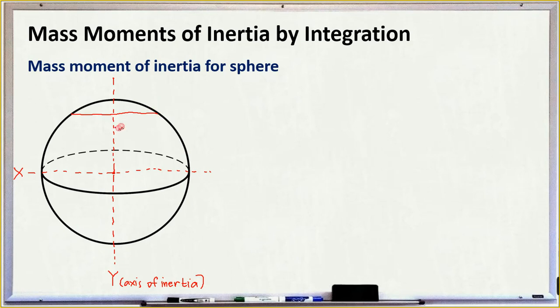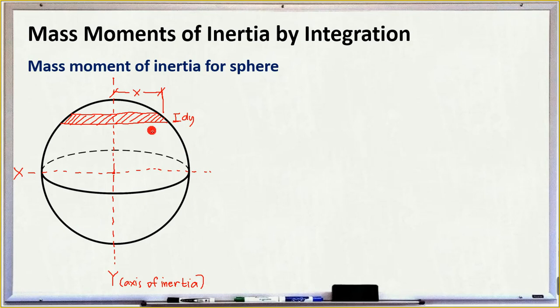This one is the first cut, then this one is the second cut. Assuming that this is a very small cylindrical volume, here is the cut. And then the height of this cut is dy. Okay, this is dy. And then, of course, the radius of this very small cylinder is x, because this is along the x-axis.